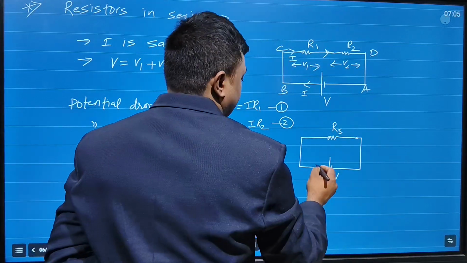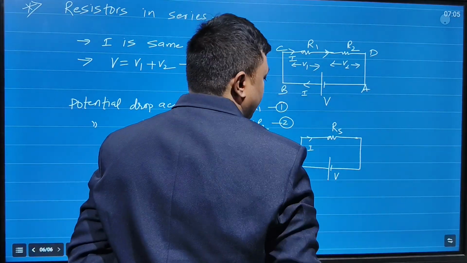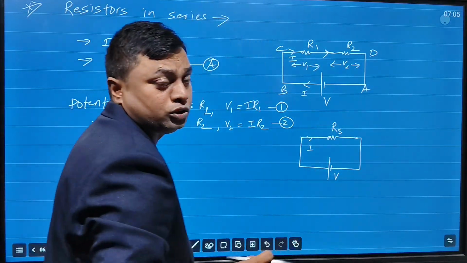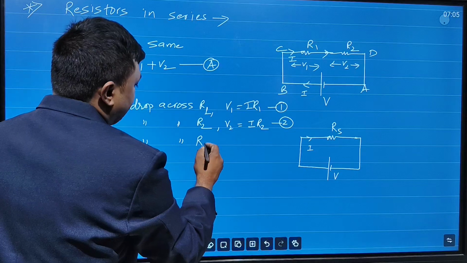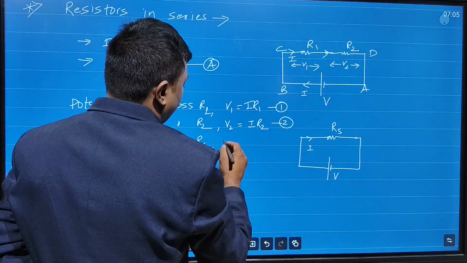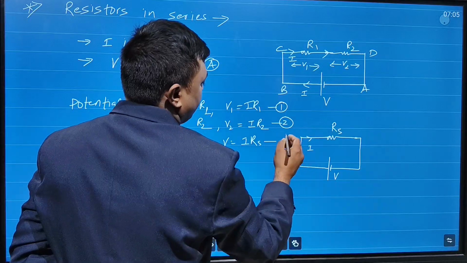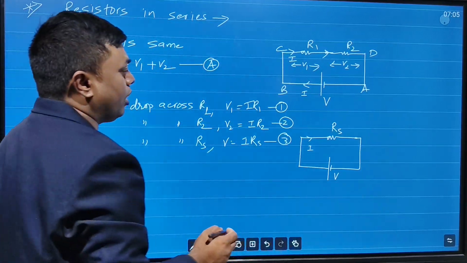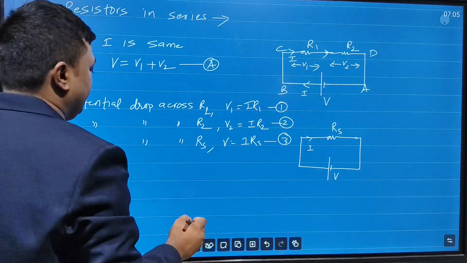The current will be the same, because the source of current is the same. So I current passes through RS, so there is a potential drop across this, that is V is equal to I into RS, that is equation 3.